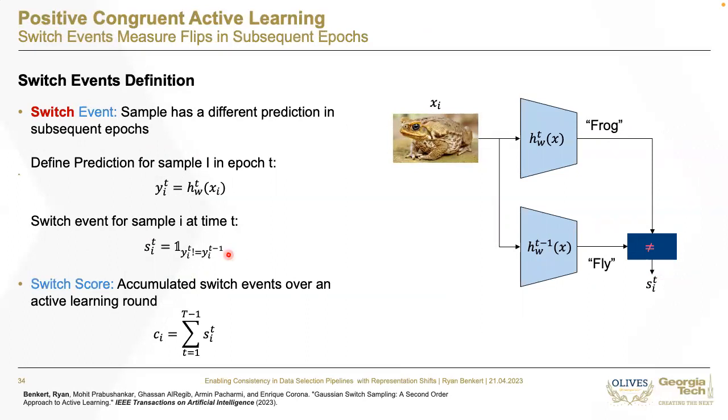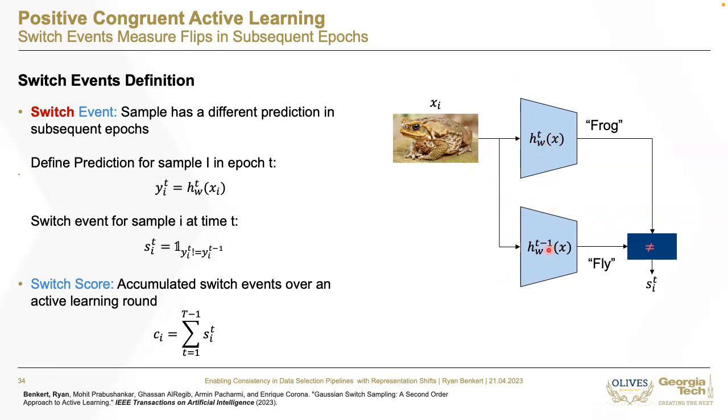And I want to emphasize what I mean by representation shifts, using this notion of switch events that you can see over here. A switch event is very straightforward. You have two different models, imagine them being from one round and the other round, or from one epoch and the next epoch within a round. You take these two models and feed the same sample through both.